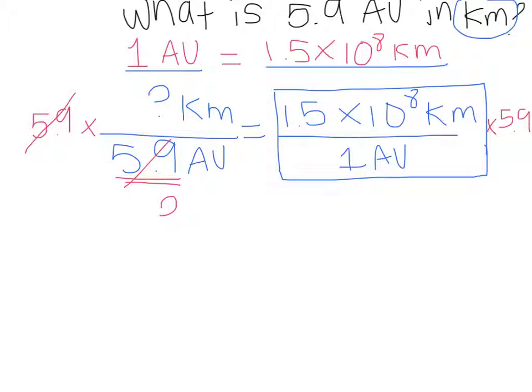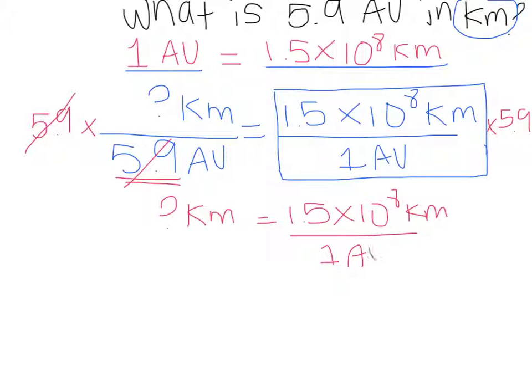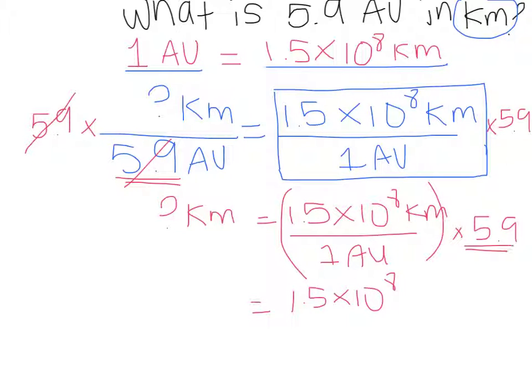Then you're left with question mark kilometers is equal to 1.5 times 10 to the power of 8 kilometers divided by 1 astronomical unit times 5.9. Okay, so I'm going to do this first on my calculator, and I know 1.5 times 10 to the power of 8 divided by 1 is still 1.5 times 10 to the power of 8. Now I have to multiply that by 5.9.